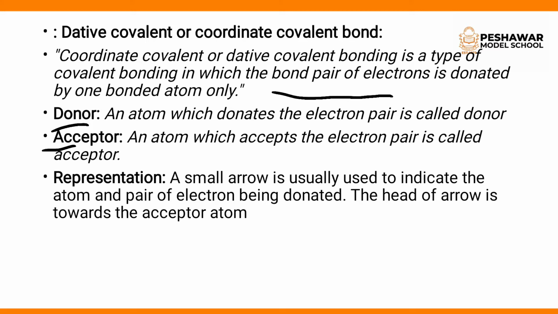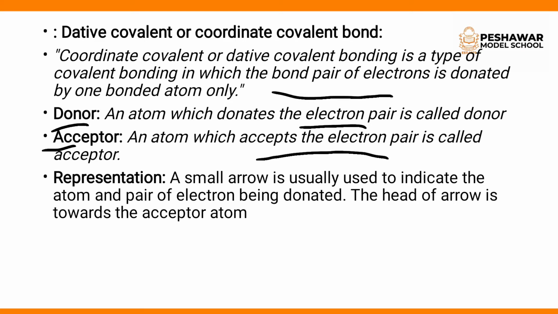So donor atoms are those atoms which donate the electron pair. In the coordinate covalent bond, one atom donates the electrons, and that atom is called the donor atom, and there is a second atom which accepts that bond pair. Those atoms which accept the electron pair are called the acceptor atoms.